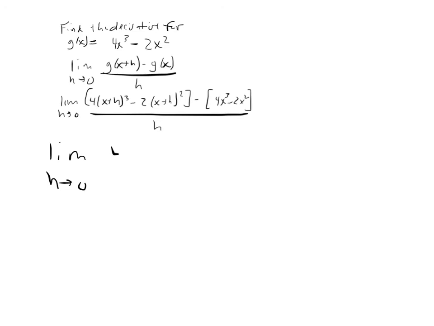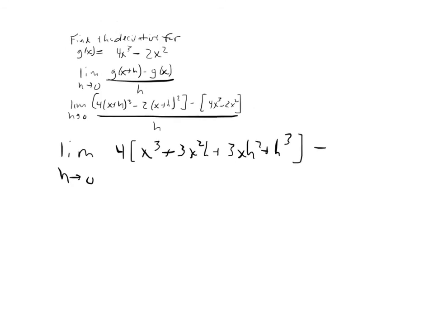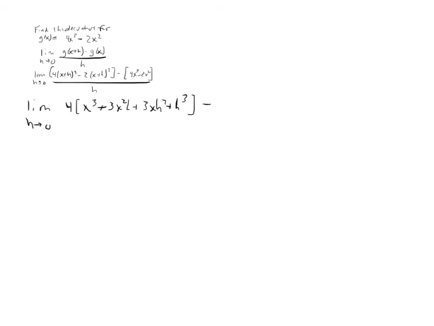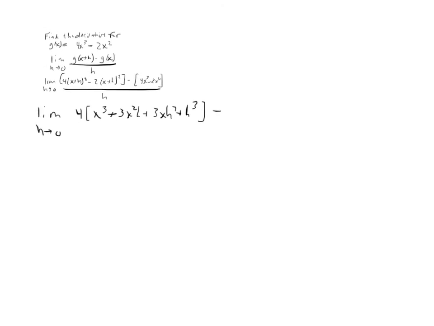I've got a cubic expression, so 4 times, and when you expand by FOIL, you get x cubed plus 3x squared h plus 3x h squared plus h cubed, minus 2 times x squared plus 2xh plus h squared. That's going to be this expression here expanded.